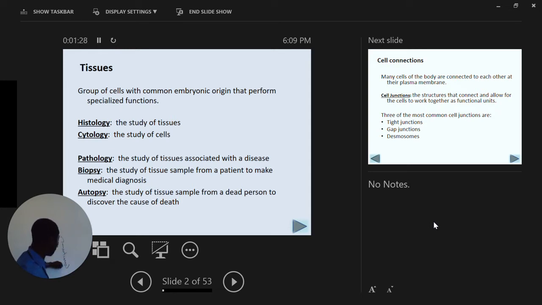This is muscle. This is epithelial. And this is nervous. I'll try to go straight to points today. Epithelial and nervous.